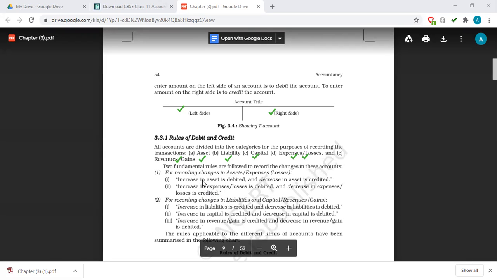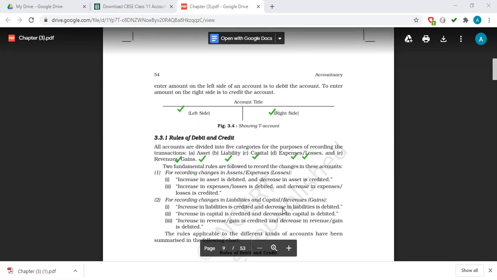Right? So two things, assets and expenses, are debited when they are increased, and when they are decreased they are credited. You follow this rule. Again, I am repeating, assets and expenses, when they are increased, they are debited, and when they are decreased, they are credited.